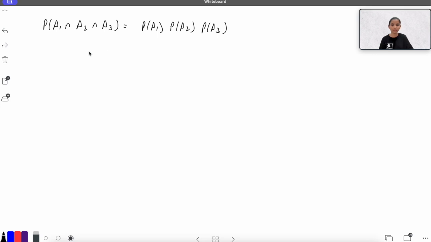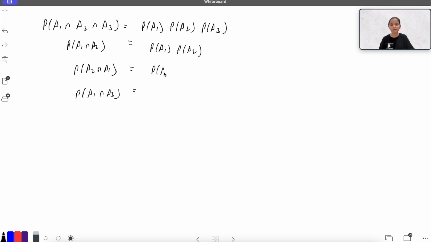Okay, and those two conditions also, like probability of A1 intersection A2, probability of A2 intersection A3, and probability of A1 intersection A3.